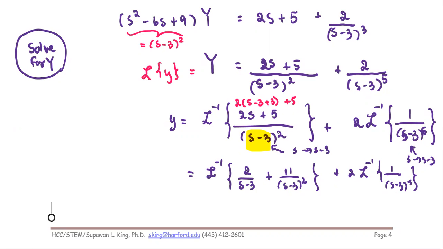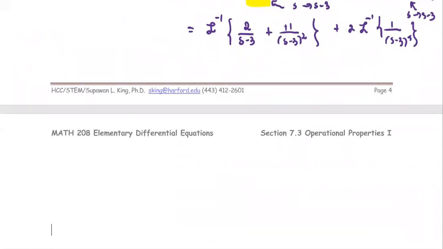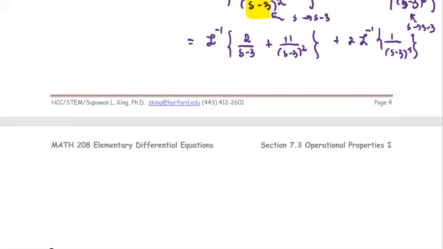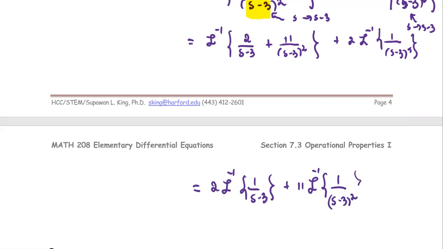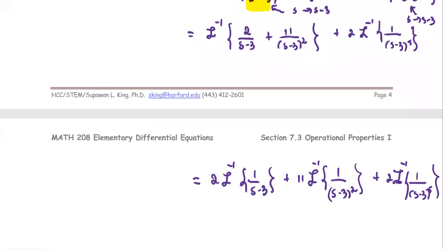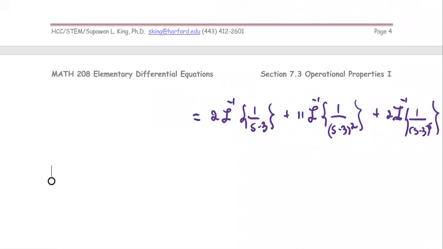Just 1 second. So I rewrite it as 2 times the inverse Laplace of 1 over s minus 3, and then plus 11 times the inverse Laplace of 1 over s minus 3 squared, plus 2 times the inverse Laplace of 1 over s minus 3 to the 5th. Okay, so we can see the three individual ones.